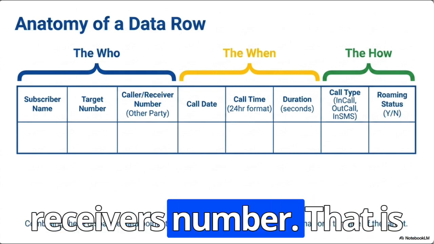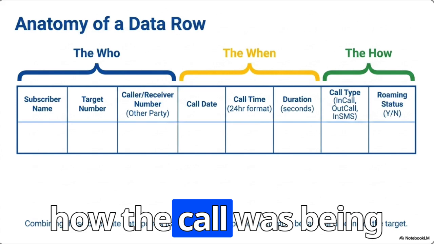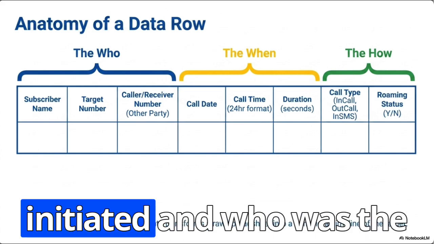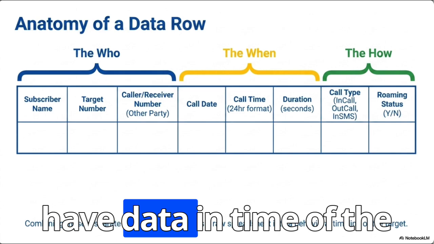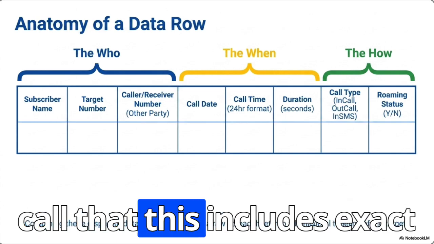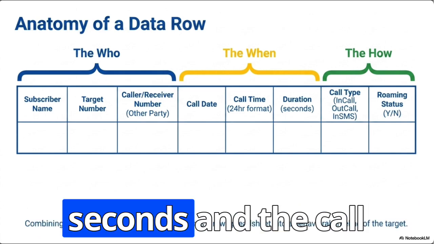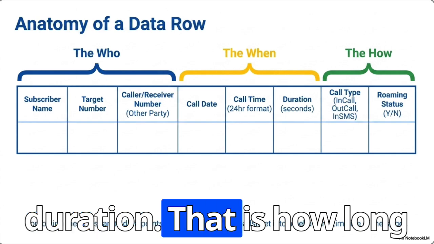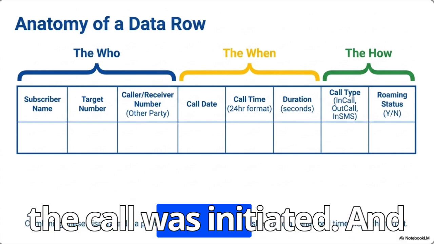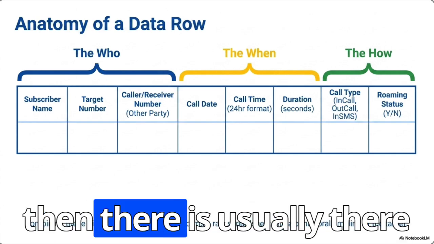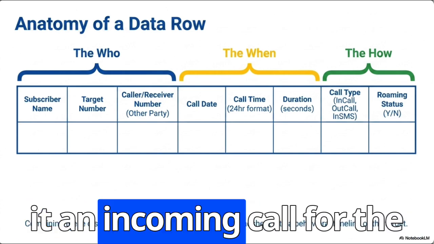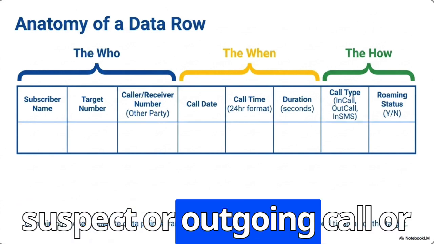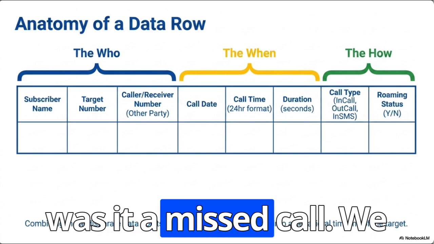Then we have the receiver's number, that is, how the call was initiated and who was the receiver of the call. We have date and time of the call, including exact seconds, and the call duration, that is how long the call lasted. And then there is the type of call, that is, was it an incoming call for the suspect, an outgoing call, or a missed call.